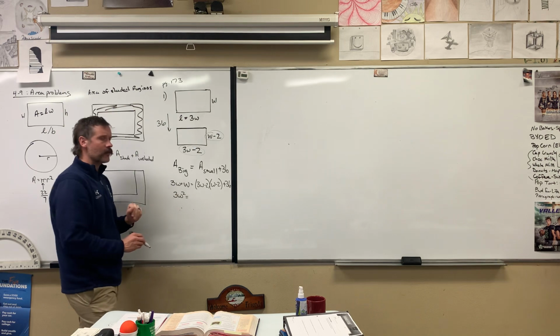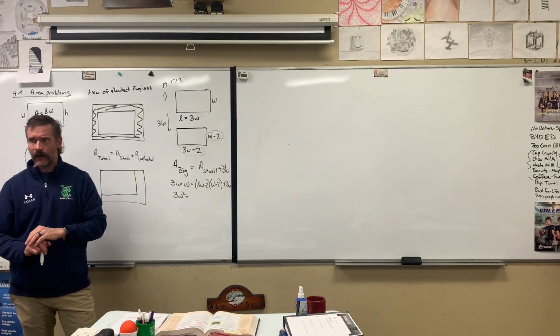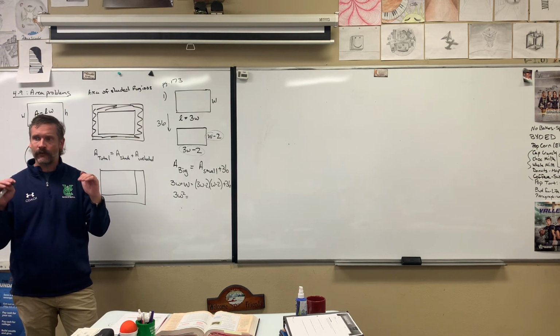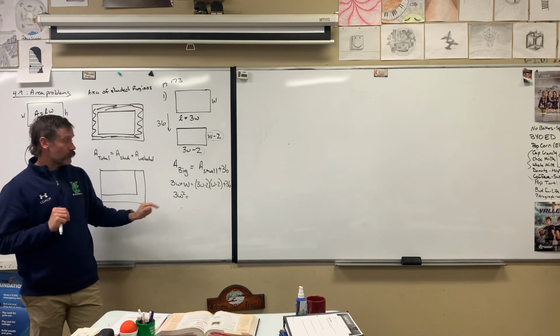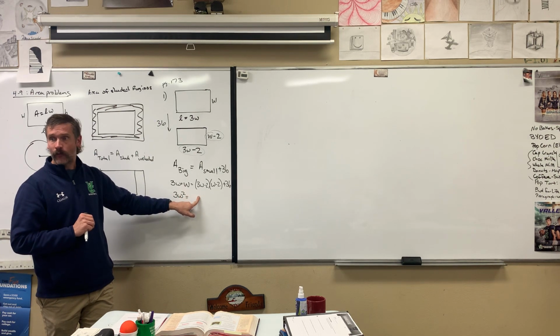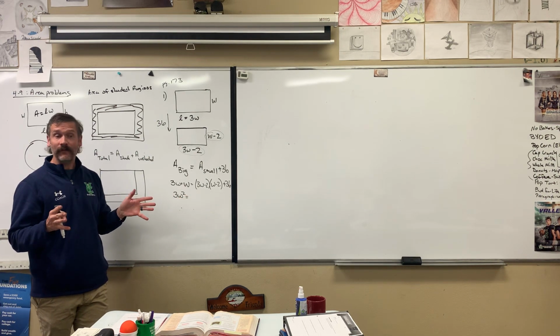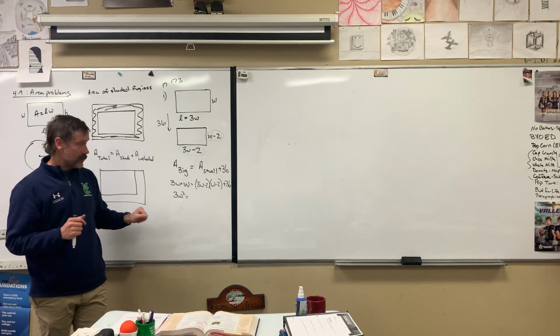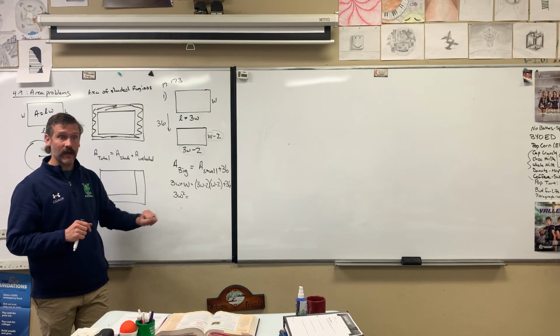Have we been able to solve equations with a squared value in it? No. What do you fully expect your squared values to do? Cancel. So if I have a 3W squared over here, what should I end up with over here? 3W squared. In chapter 5, that won't be the case. We'll be able to solve for W squareds. Here, we don't know how to, so they should cancel.